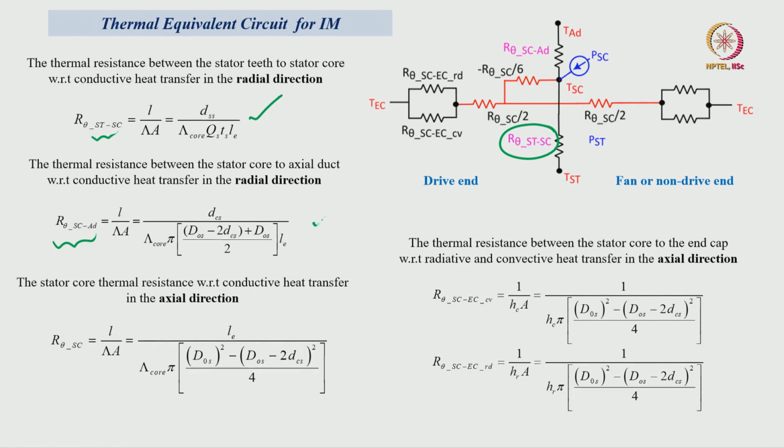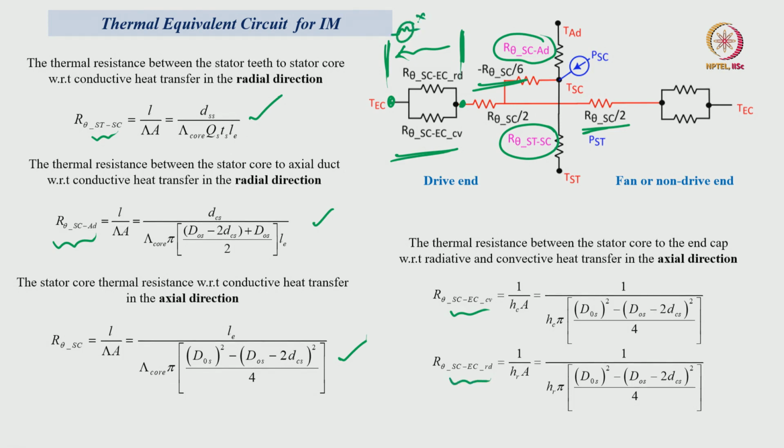The second equation: stator core to axial duct in the radial direction, what is the thermal resistance, and the thermal resistance with respect to the stator core in the axial direction, and the thermal resistance from the stator core point to the end cap. This is the end cap of the motor or end surface of the motor, and this is the end point of the stator core. So, what is the thermal resistance through the air in convection manner and radiation manner, but the air gap resistance I have neglected here, and these two are the resistances.